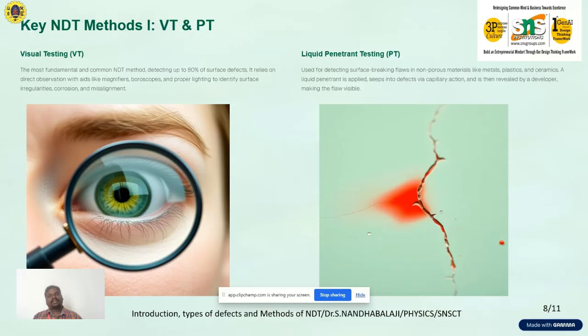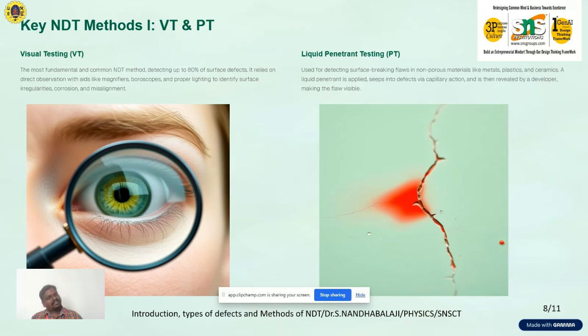Liquid penetrant testing is used for detecting surface-breaking flaws in non-porous materials like metals, plastics, and ceramics. A liquid penetrant is applied, seeps into defects via capillary action, and is then revealed by a developer, making the flaw visible.